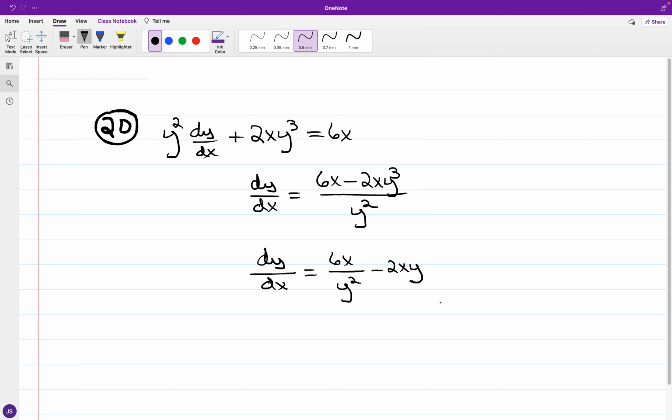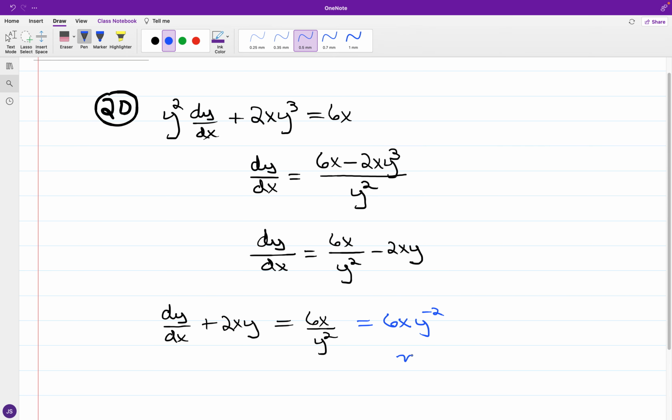If you notice, we have a linear term in y, and we have the derivative in the form of dy over dx. So we're going to have a Bernoulli equation, and getting it into the standard form, we have dy over dx plus 2xy is equal to 6x over y squared, or 6x times y to the negative 2.